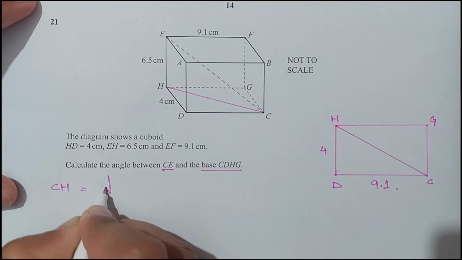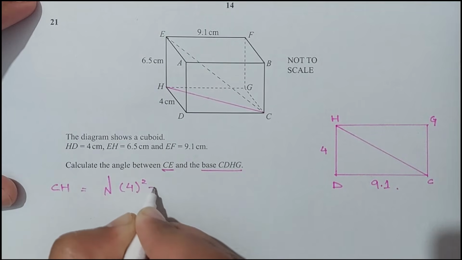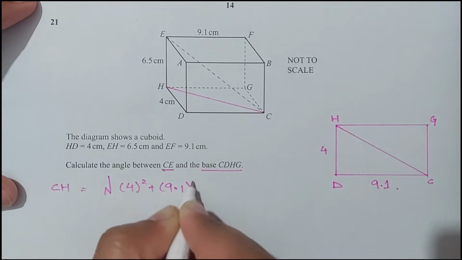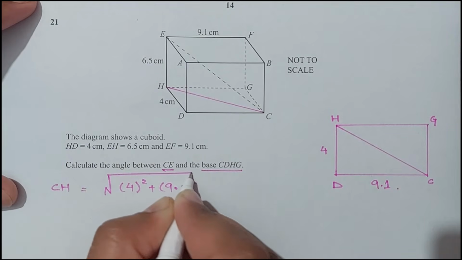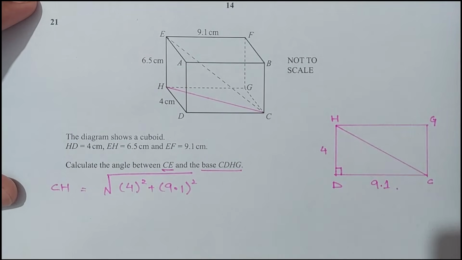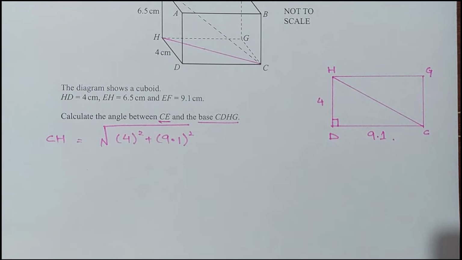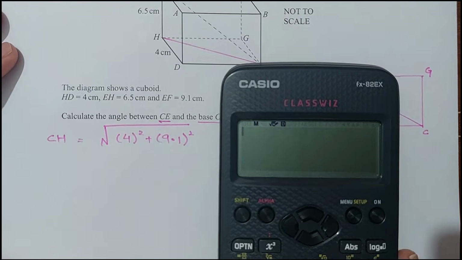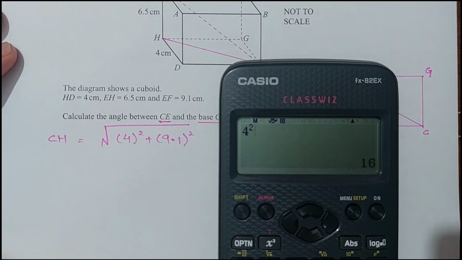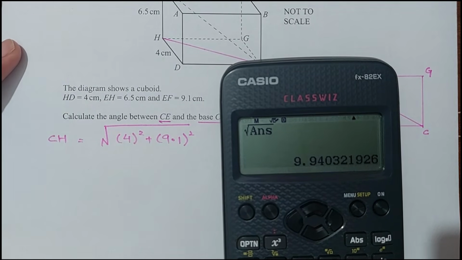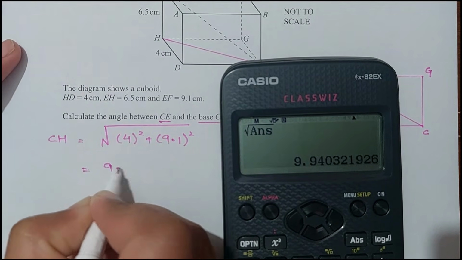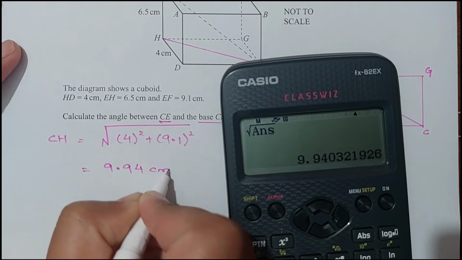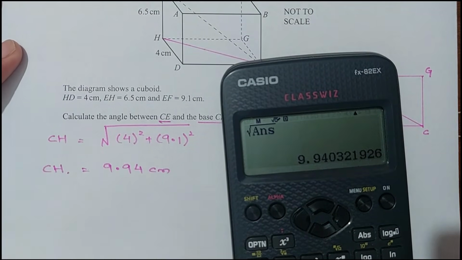This is going to be the square root of 4 squared plus 9.1 squared. I'm using Pythagoras' theorem because it is a right angle triangle. The answer is 9.94 centimeters for CH.